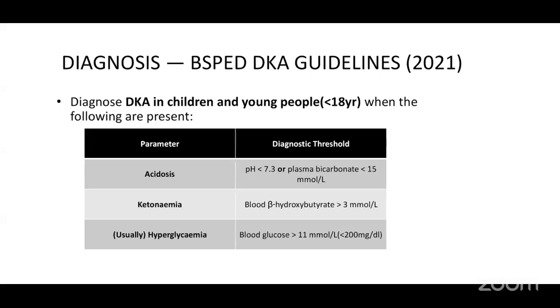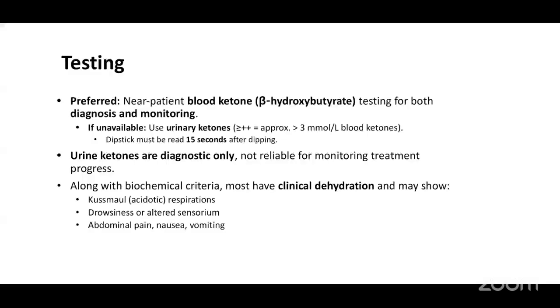Sugar levels will be more than 11 millimole per liter or 200 milligram per deciliter, but this might not always be seen. With a euglycemic or hypoglycemic state also, the child can be classified as DKA. Clinical signs of dehydration are seen: drowsiness, altered sensorium, abdominal pain, nausea, Kussmaul's respiration. For bedside diagnostics, blood ketones are done, but if that's not available, then go for urine ketone testing.